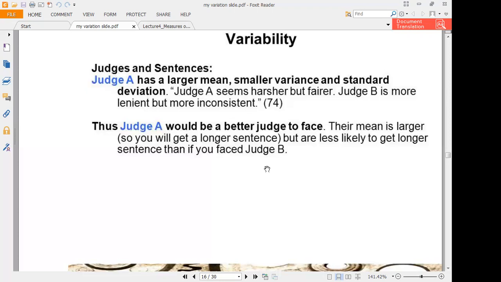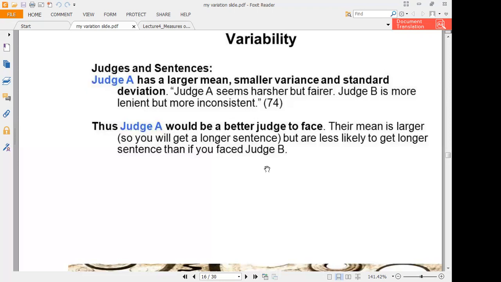This is what we are trying to say. When you have a large variance or large standard deviation, this is telling us that we should not base our judgment on the mean. In fact, this is telling us that the mean can change. In other words, Judge A has a standard deviation of 2, and the mean happened to be 33.